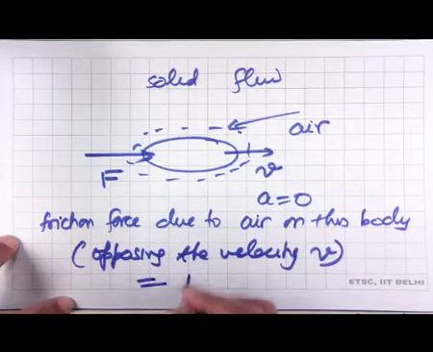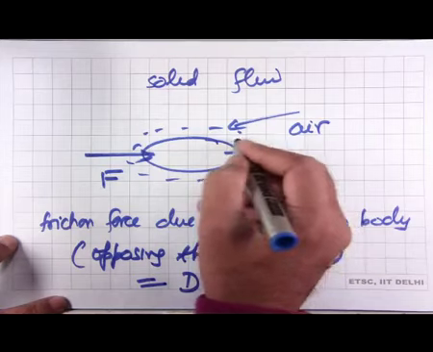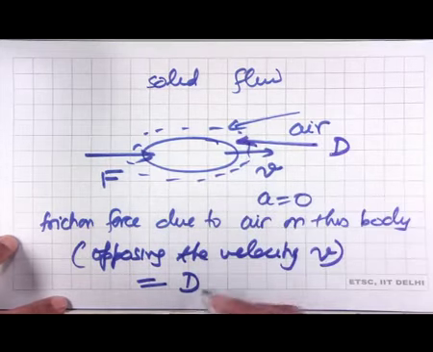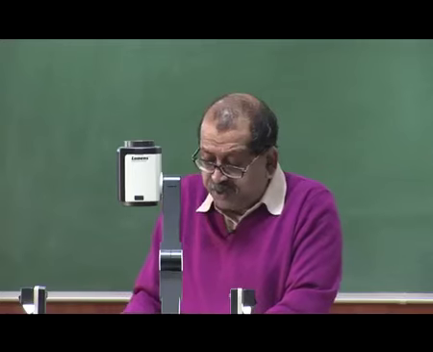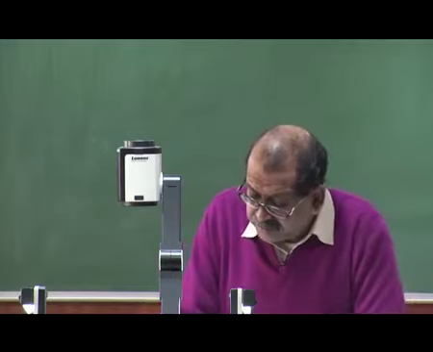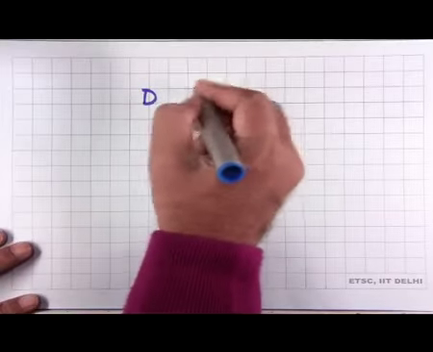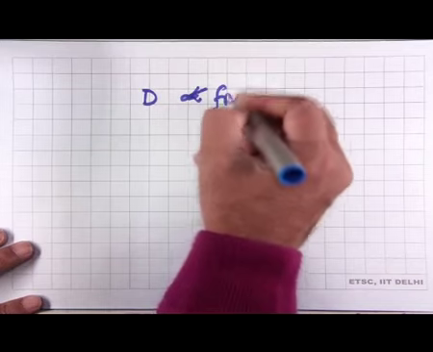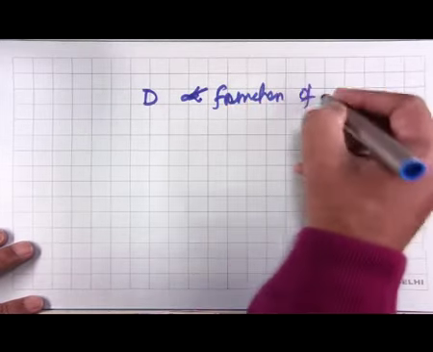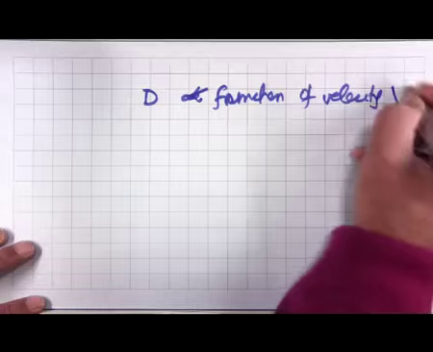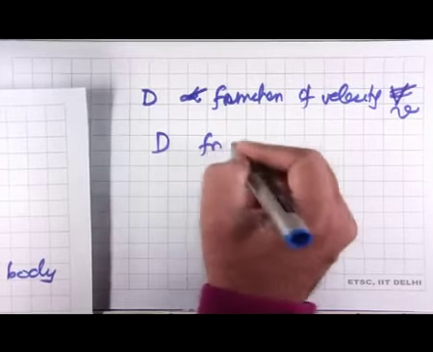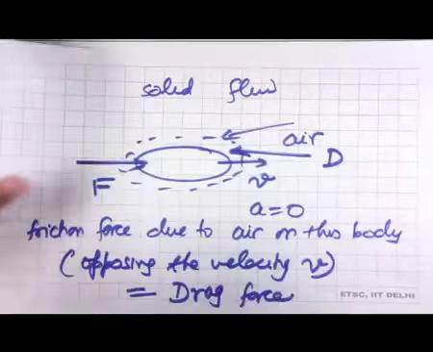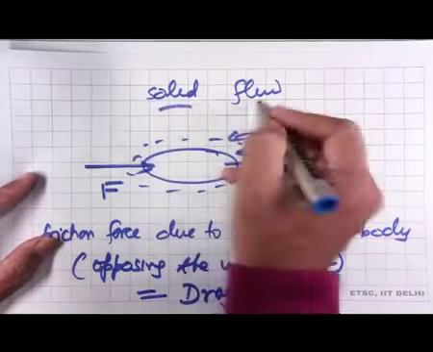We represent it as a single force, and we call it the drag force. And the drag force D we find is a function of the velocity v. The body is moving at a velocity v, so the drag force is a function of v, and this is the difference between solid friction and fluid friction.